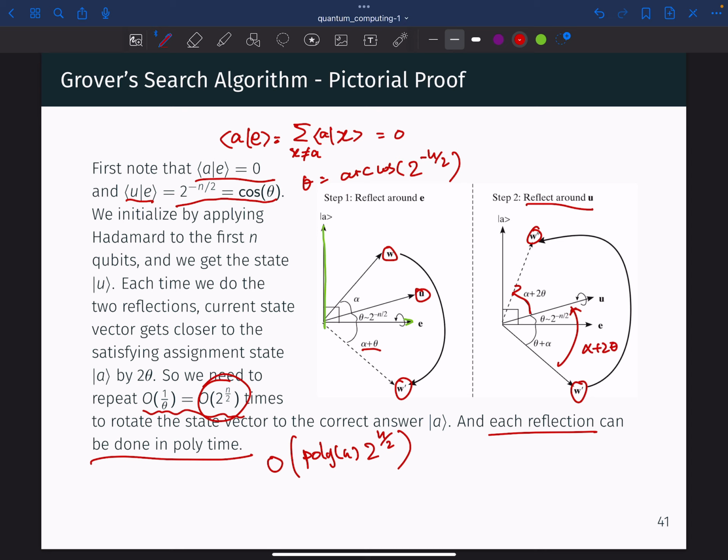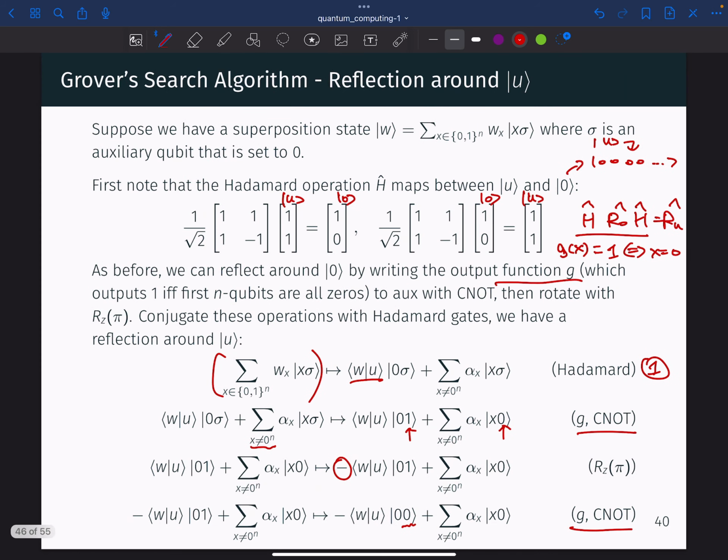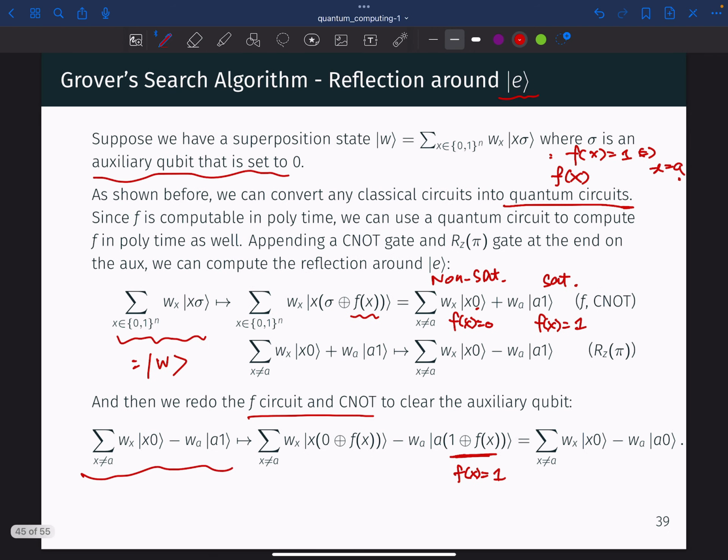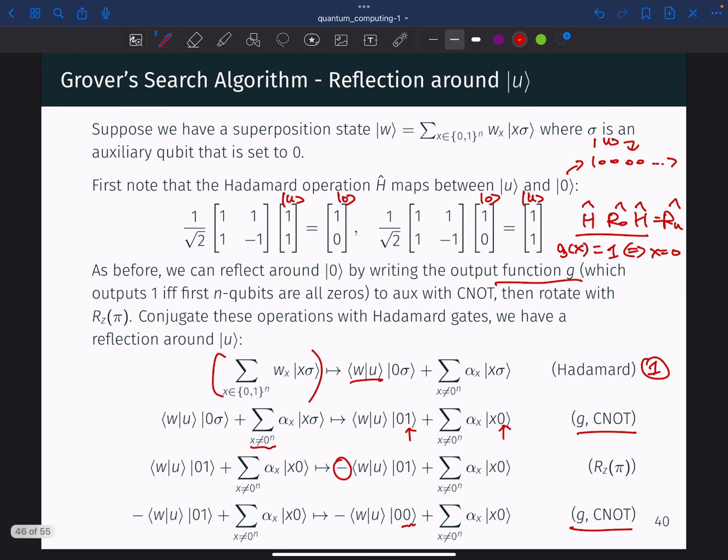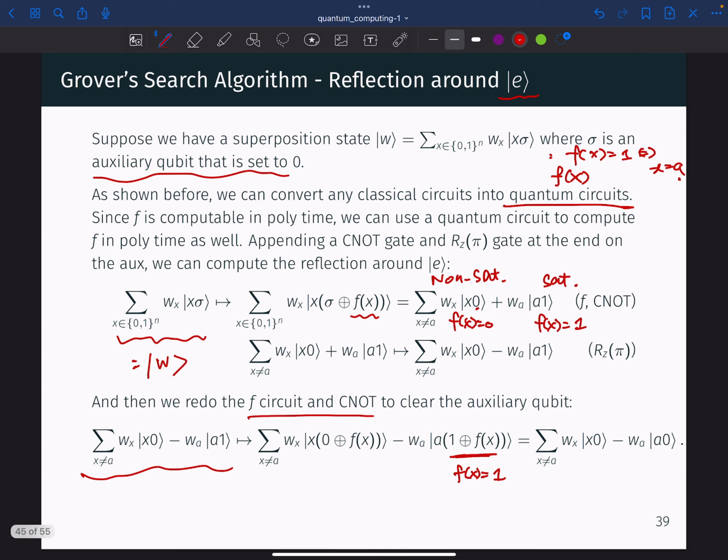So why can each reflection be done in poly time? Because you can see that we can count the number of gates here. There are finitely many, and the only one that's slightly complicated is this F. But since we already assume that it's computable in polynomial time, the equivalent quantum circuit only has a polynomial number of gates.